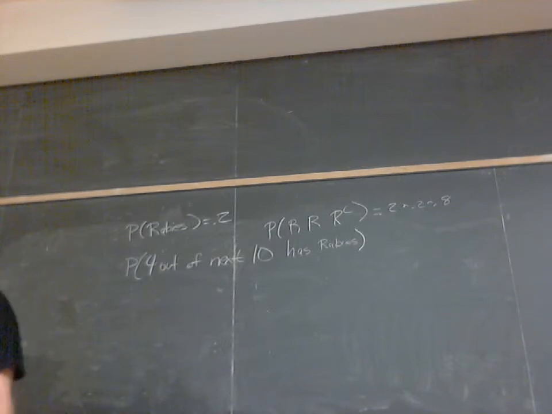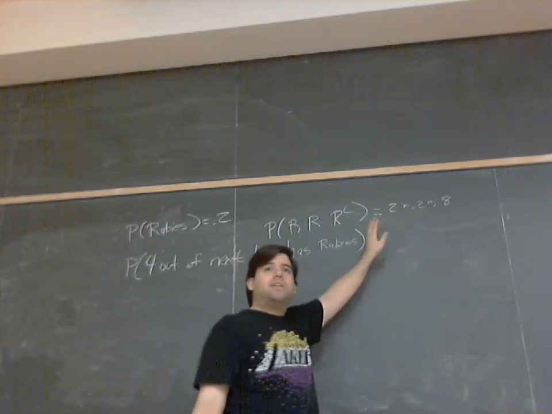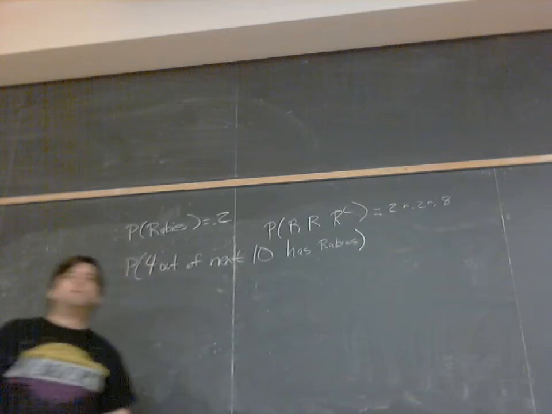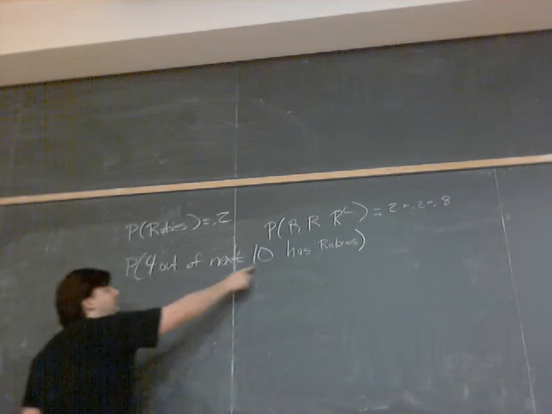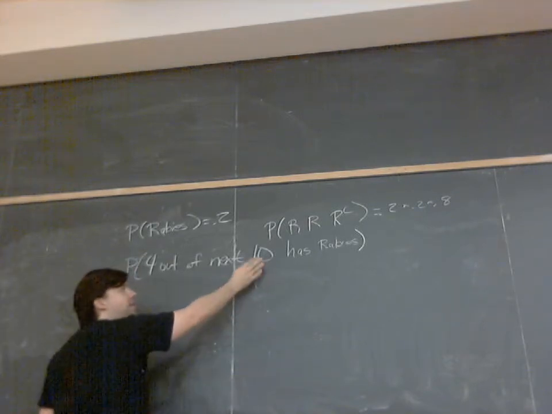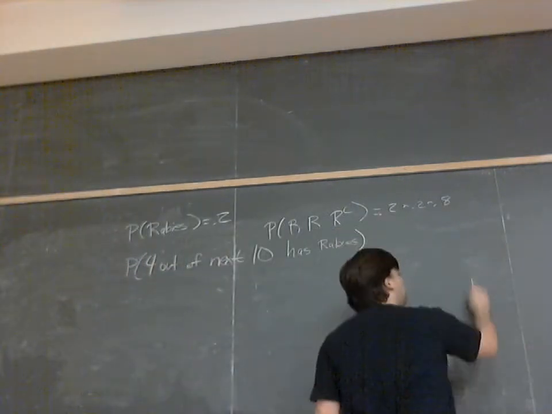So the binomial is just an extension of the multiplication rule. It's the multiplication rule when I have many sequences to consider. Notice that if I'm looking for the probability that all 10 dogs have rabies, that's not binomial anymore, because if they all have rabies, there's only one possible sequence.